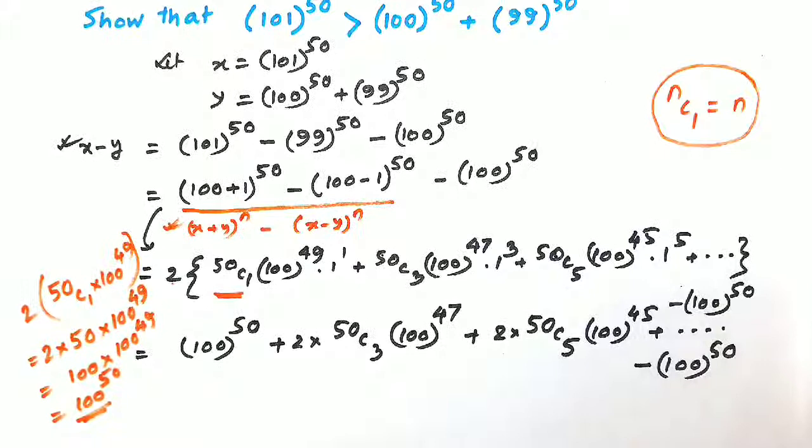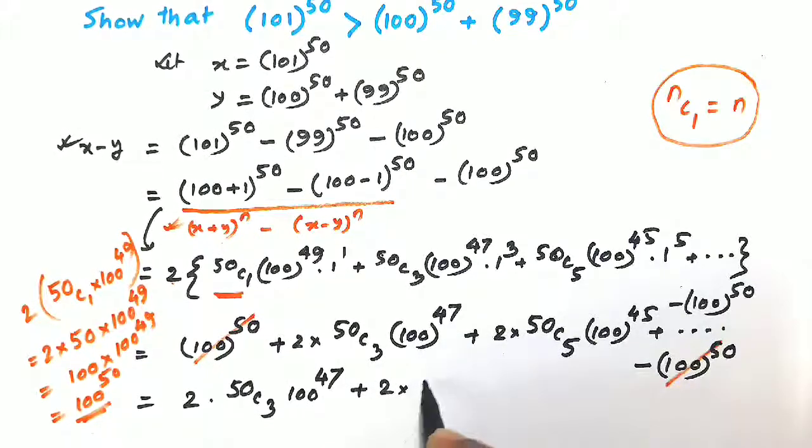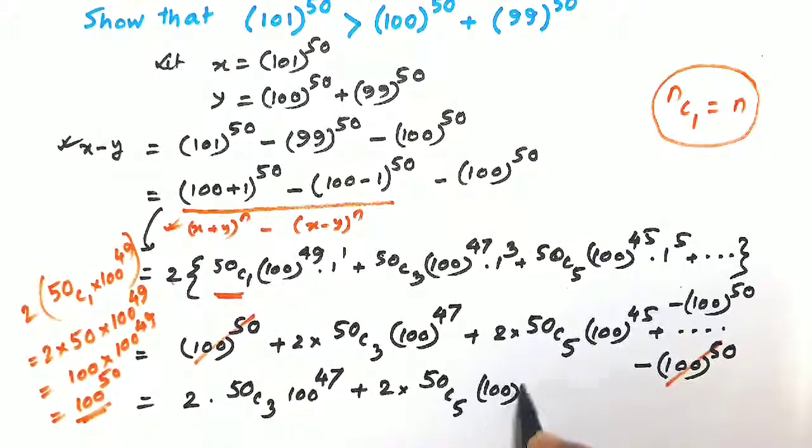Now we can cancel 100 to the power 50 and minus 100 to the power 50. These two are cancelled. So the remaining part is 2 into 50C3 100 to the power 47 plus 2 into 50C5 100 to the power 45, and so on.